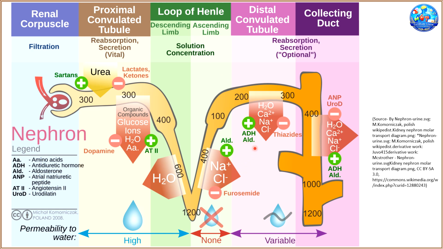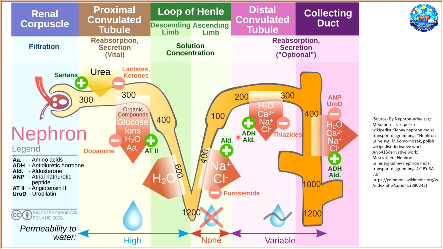Now coming to the vasa recta, which is nothing but the blood capillaries. These run parallel to it. So as the loop of Henle helps to maintain this, the absorption of water or the ions will be taking place along the vasa recta which are present around it.